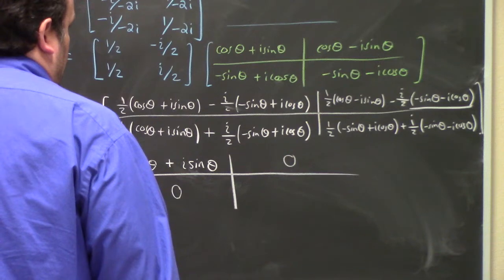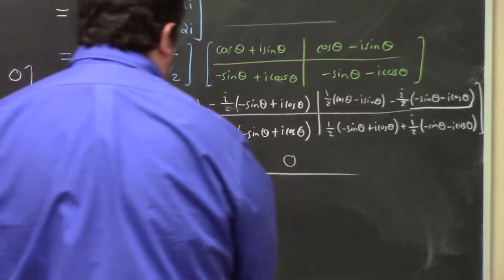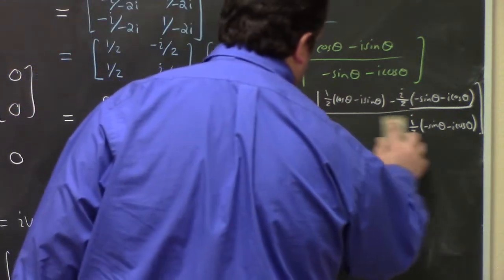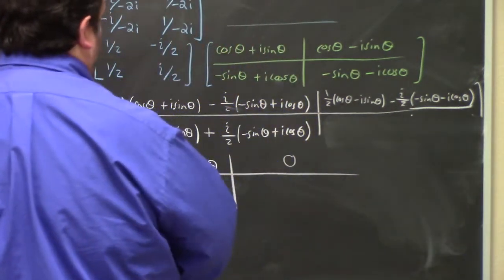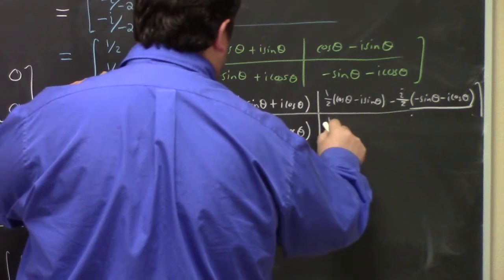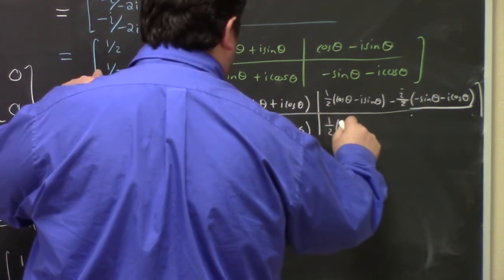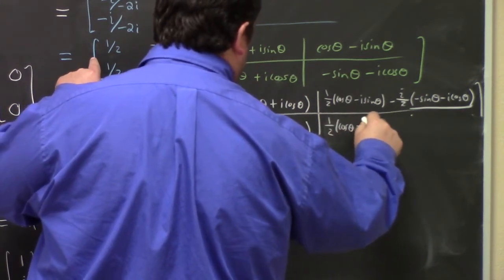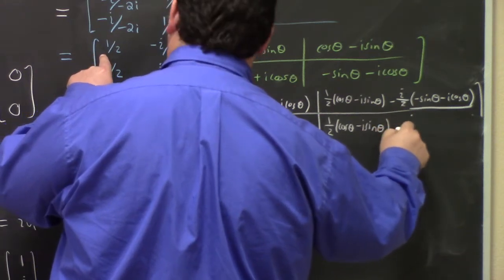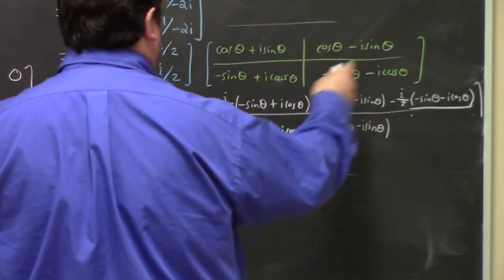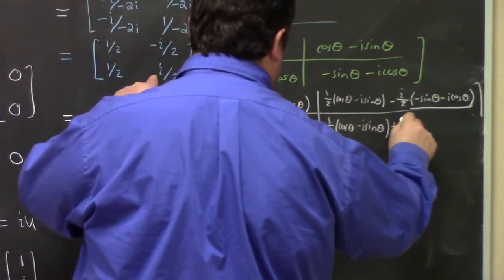Cool. And yeah, this one's about. So this would be cosine. Minus this I is sine theta. This is wrong. Let me. Yeah. This should be 1/2 cosine theta minus I sine theta. And plus I over 2, right?